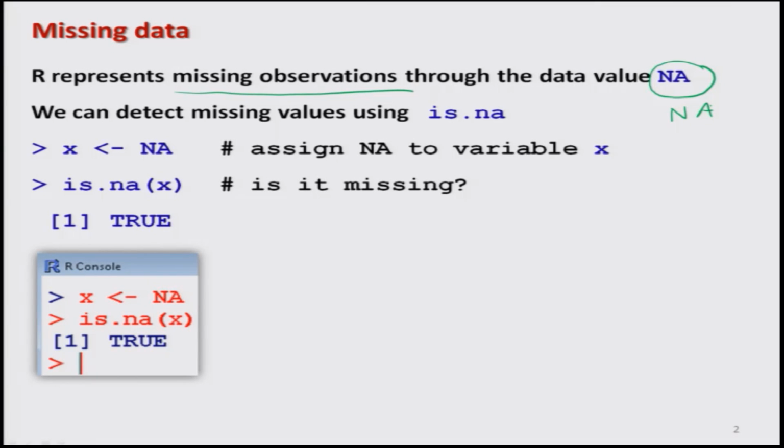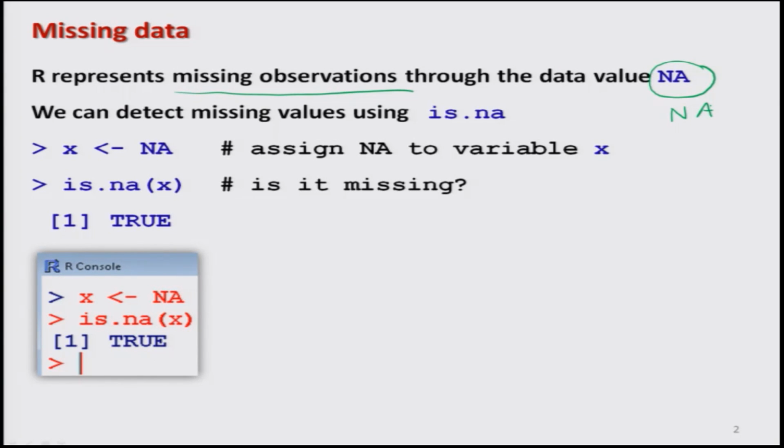Now the second question comes, suppose you are dealing with a very huge data set. Suppose there are 5,000 values or 20,000 values. You cannot scroll through all the data to know whether the data is available or not. So the first question is how to know whether there is any missing data in the entire data set or not.